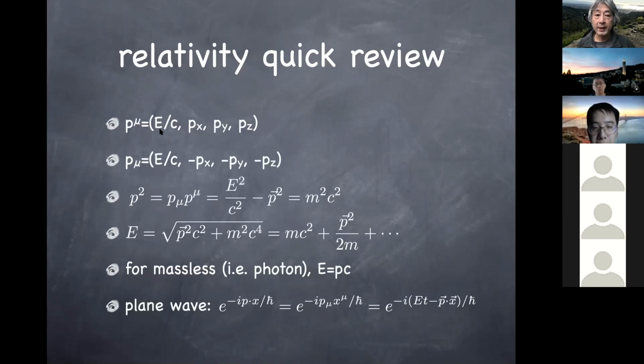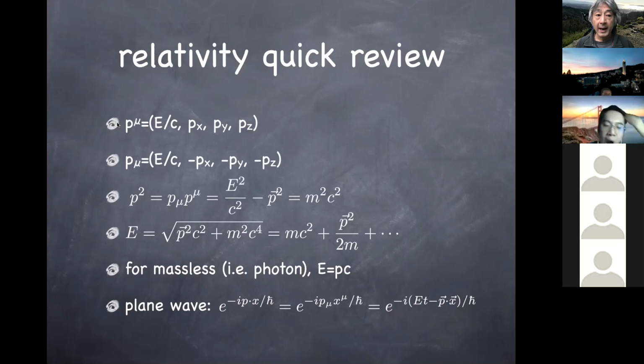Again, to make sure that every component has the same dimension, the time component is energy over c instead of energy itself, and the spatial components are the momentum vector. And again, you put in the momentum vector itself when the 4-vector has an upper index. When the index is a lower index, you put a negative sign on the spatial components of it.